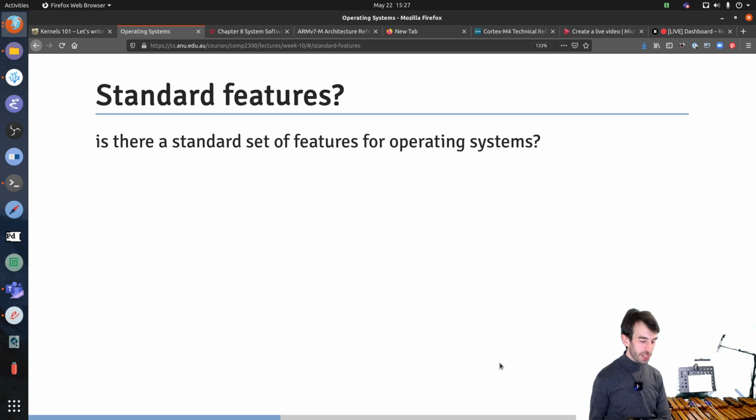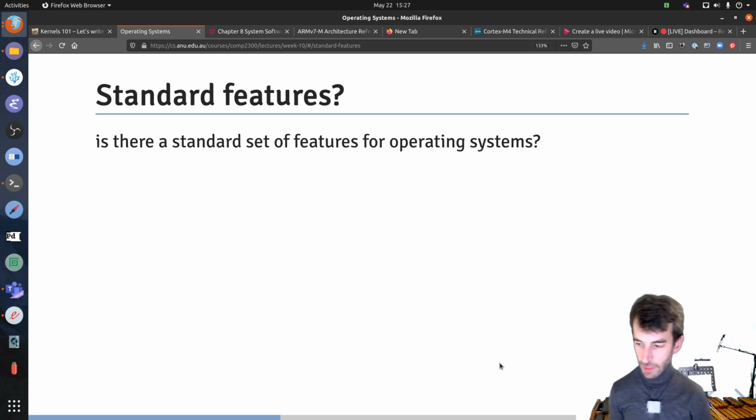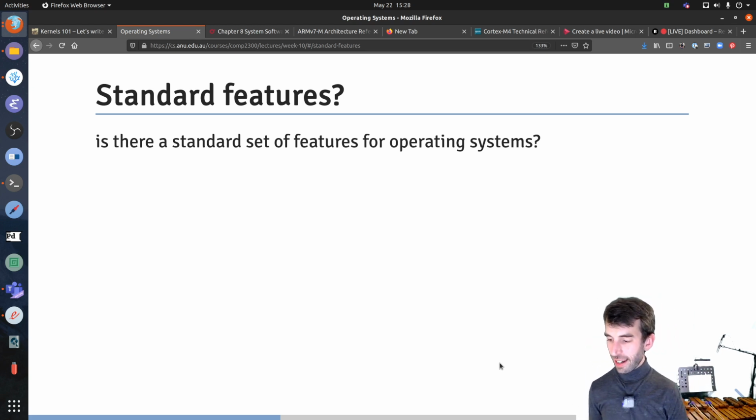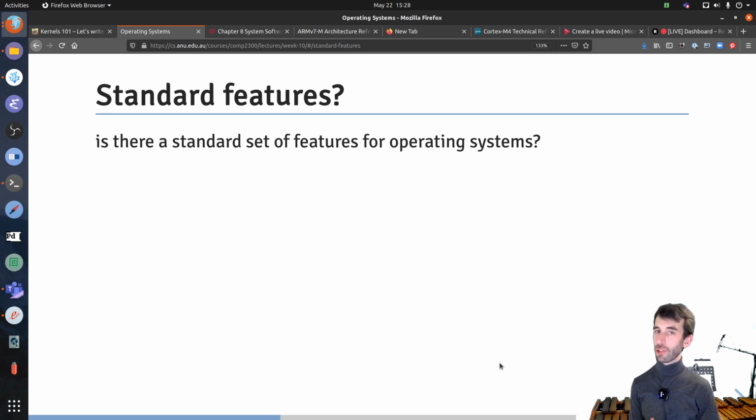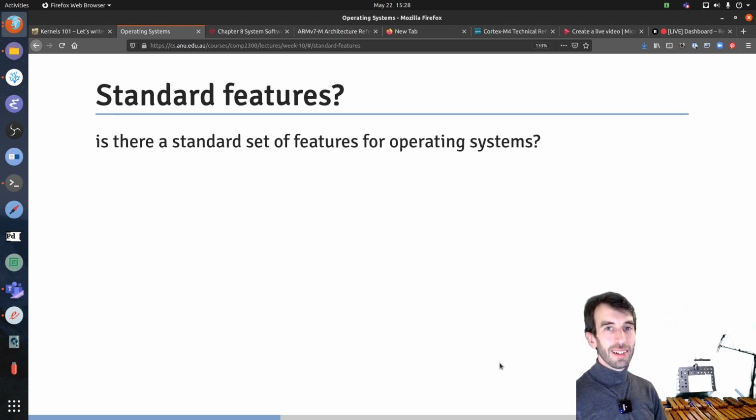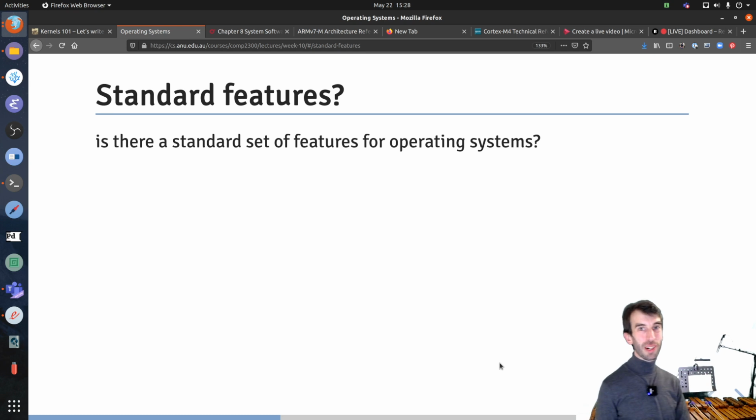So here's a big question. Are there standard features for an operating system? And don't say that it needs to have a GUI, because you know that I'm not talking about that. I'm not talking about operating systems in the sense of giving you a nice way to run Microsoft Internet Explorer.